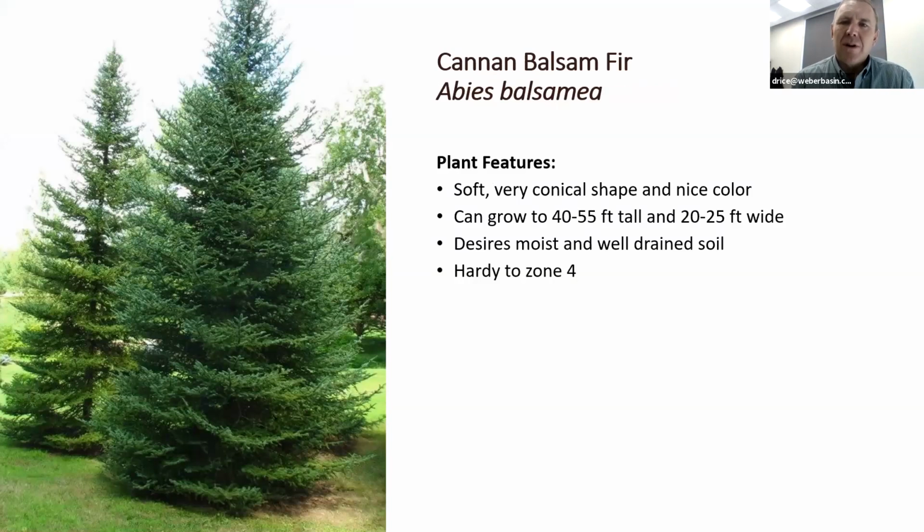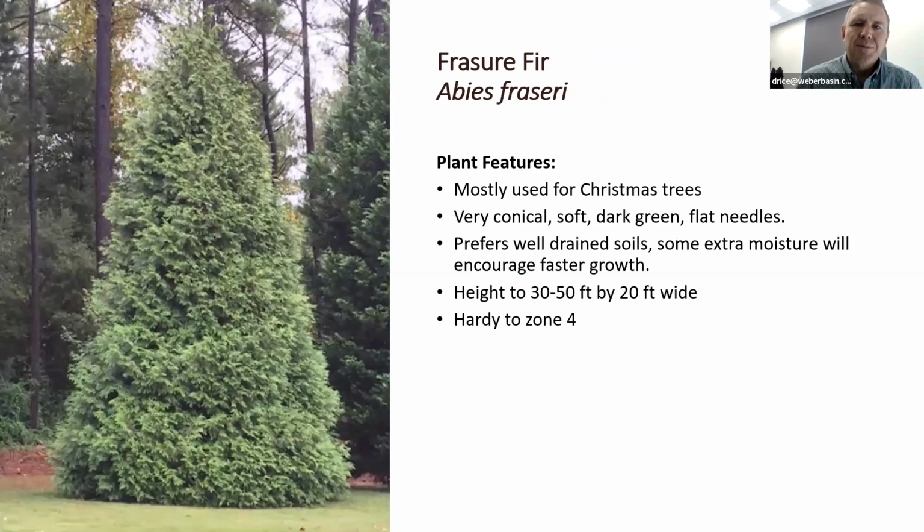Canaan balsam fir: you can tell from the pictures it has a different look, a little softer textured and not as dense. All of the firs typically have a very nice conical shape with good coloring. This one can be 40, 50, 55 feet tall and fairly wide. Again, just some more examples.